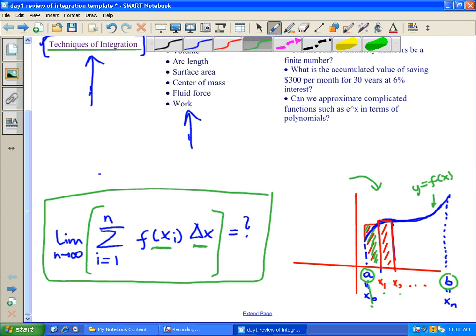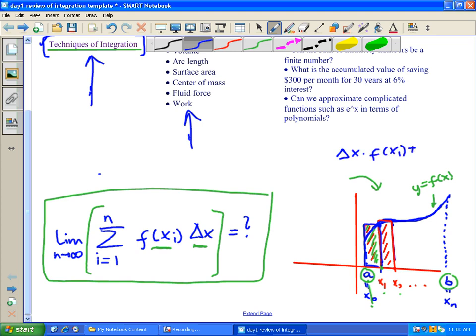The base is what we call delta x, and the height would be, if you're using the right endpoints, take the x sub 1, plug it into the function, and that will give you the height right here. So that would be f of x sub 1. So the area of this first rectangle would be the base, delta x, multiplied by the height, f of x sub 1.